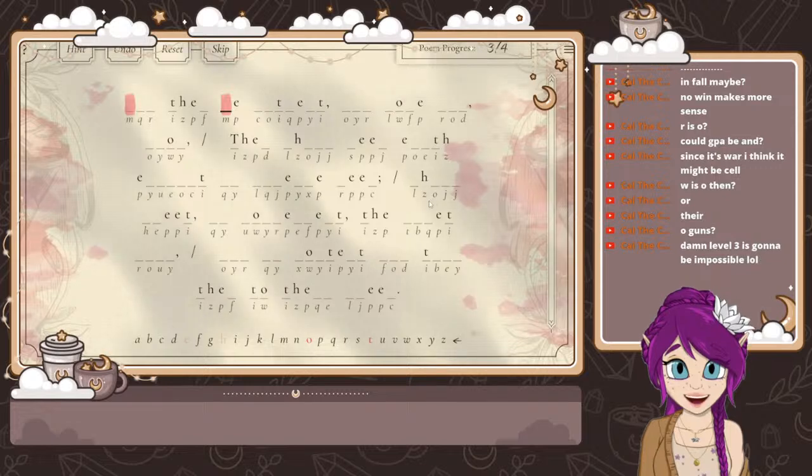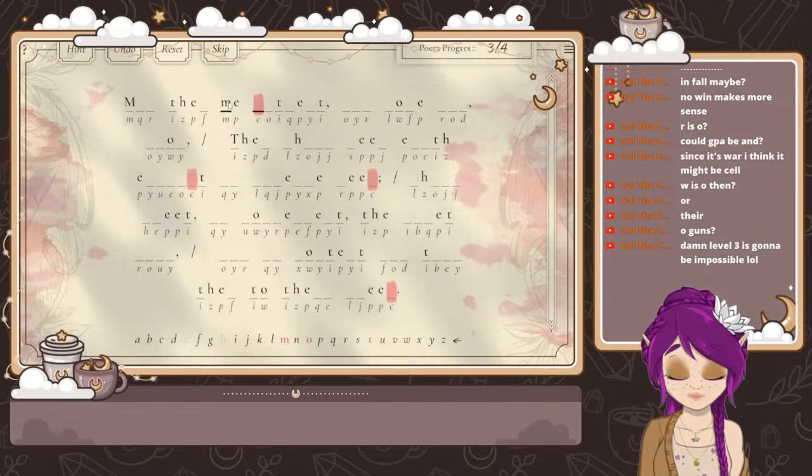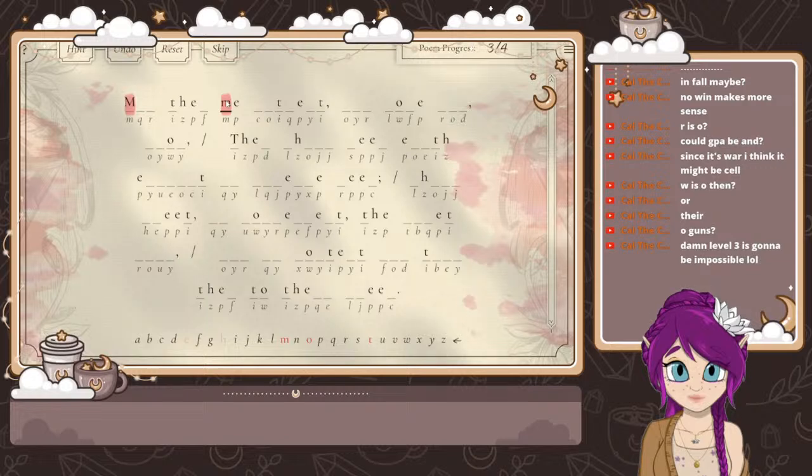I mean, they do get easier, like, the more you progress through a poem, because you get the feel and the beat and the context. So it, like, helps with the wording. I think it's me. It might not be me. Might be... What? B? Could be B.